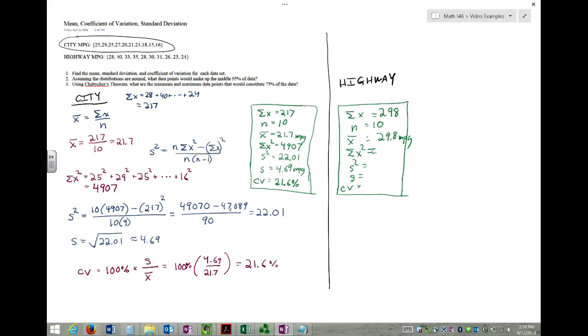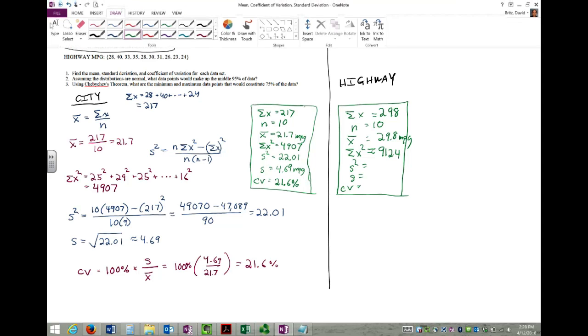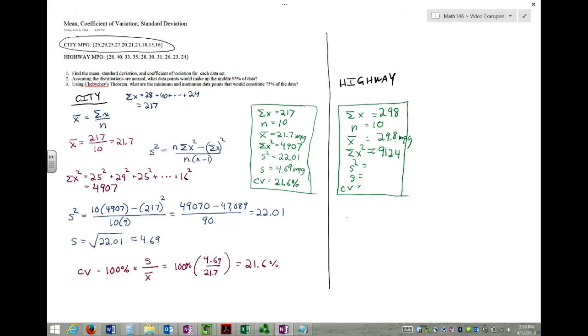If we add up all the x squareds, we should get 9,124. And so when we find the variance, we're going to get n times sigma x squared minus the 298 sigma x, the whole thing squared, again over 10 times 9.